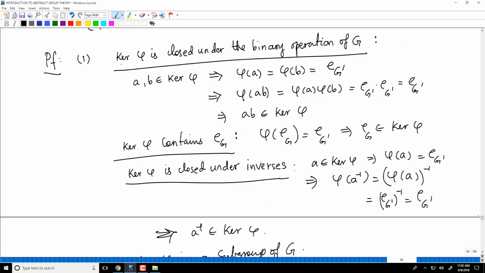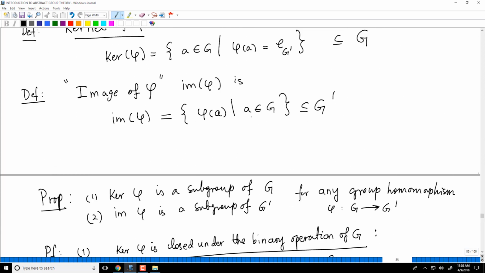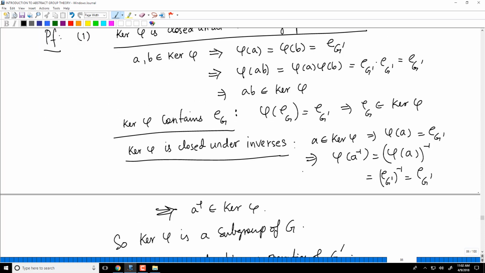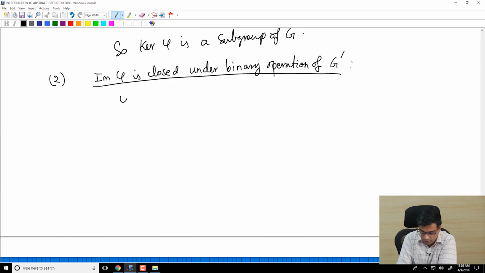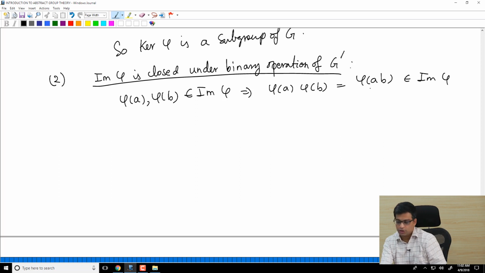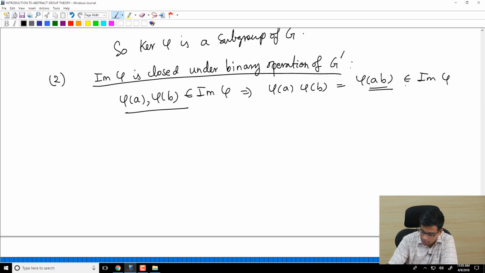If you recall, image phi is the set of phi of A for all elements A of G. So two elements of image phi would be phi of A and phi of B. Phi of A times phi of B, by the property of group homomorphism, is the same as phi of AB, which is by definition in image phi because it is the image of AB. So if you start with two things in image phi, their product is in image phi.